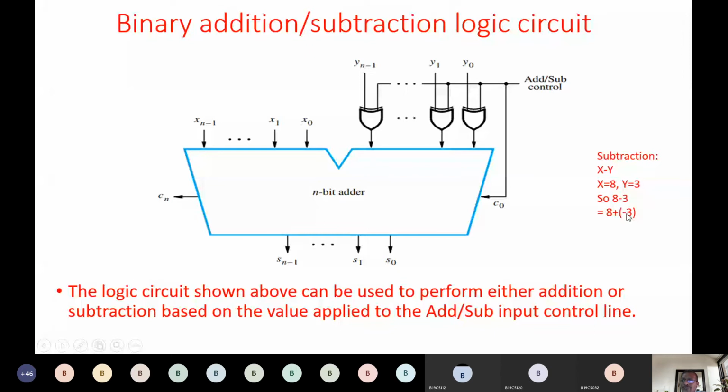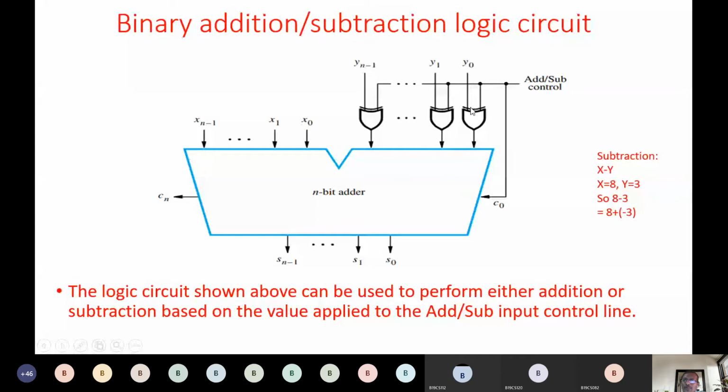How do we calculate minus 3? Any idea how we can generate minus 3? Yes, good. It's the 2's complement of 3. The 2's complement is generated from this XOR part.